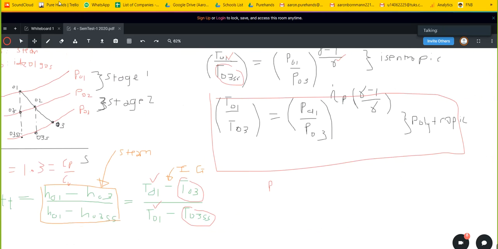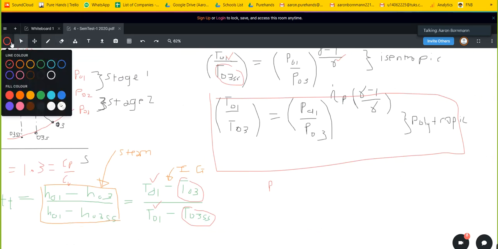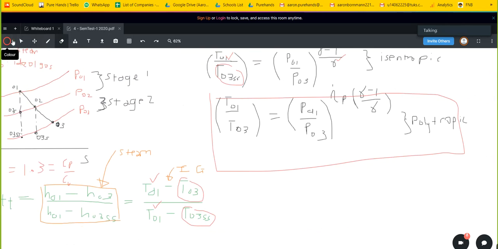Let's use a different color. We know that P01 is equal to P02, and P03, same thing.